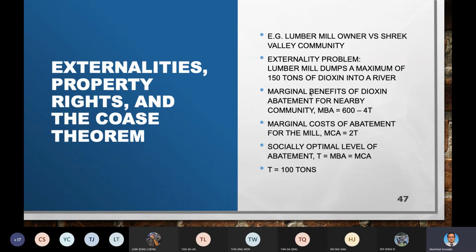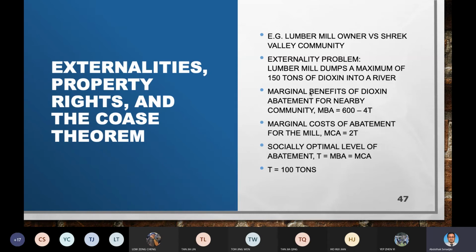So what is the externality problem? The lumber mill dumps a maximum of 150 tons of pollution into the river. And the marginal benefit of dioxin abatement for the nearby community is 600 minus 4T. This is the marginal benefit of abatement for the community.